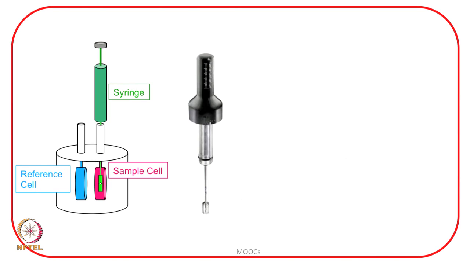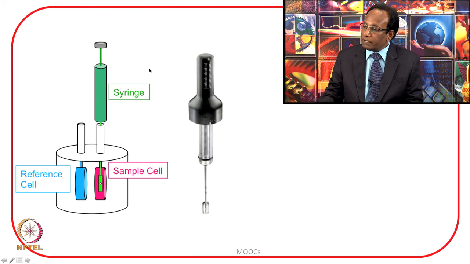Let me show another picture. The syringe can either be a fixed kind of syringe, where the whole assembly can come out of the cell but the syringe cannot be dismantled, or the syringe can be like this.